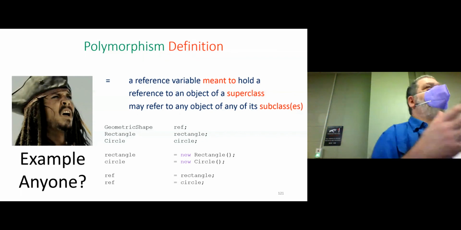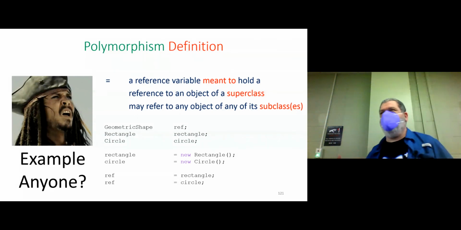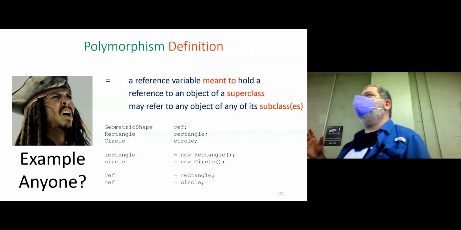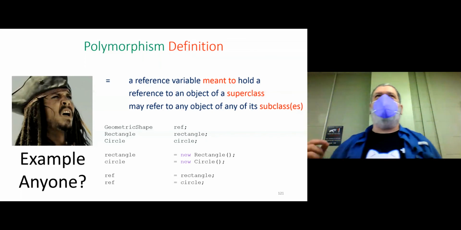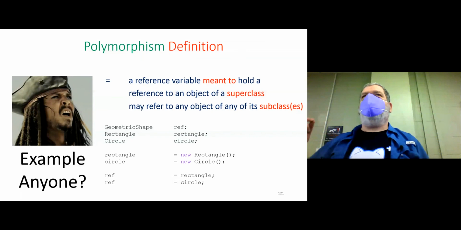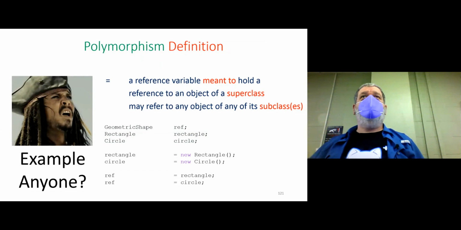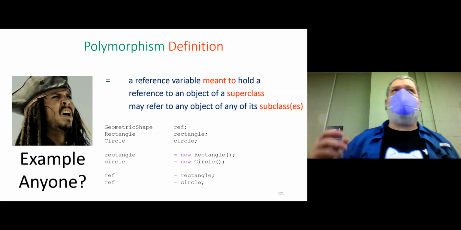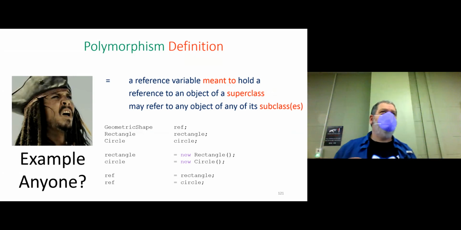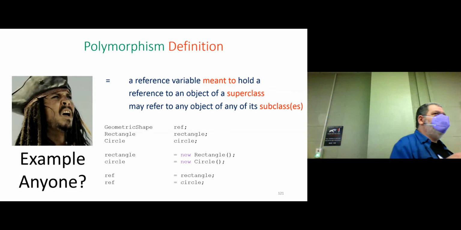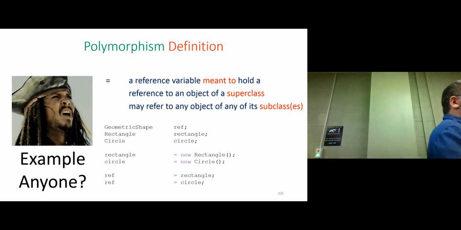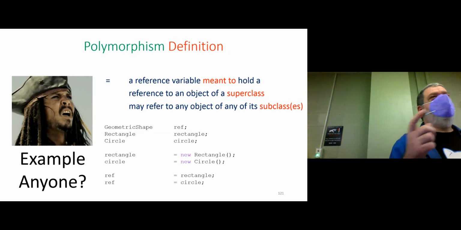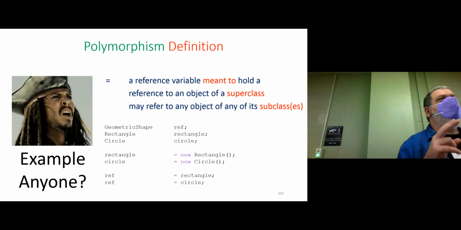So when I say this reference variable is of type book, then that means that inside that reference variable, I can store a reference to an object of class book. Duh, that's what we have been doing all along. But I can also store a reference to an object of class audiobook, or an object of class ebook. Why? Because audiobook and ebook are subclasses of book.